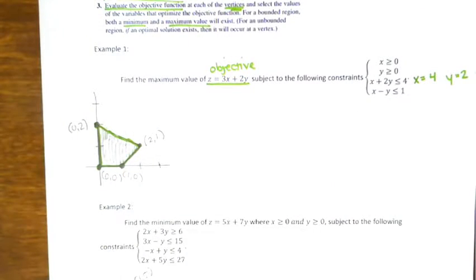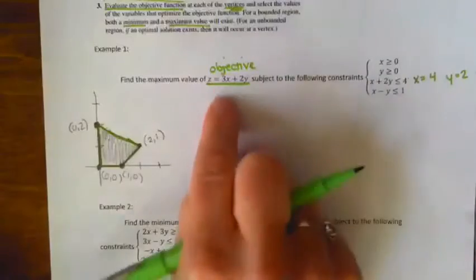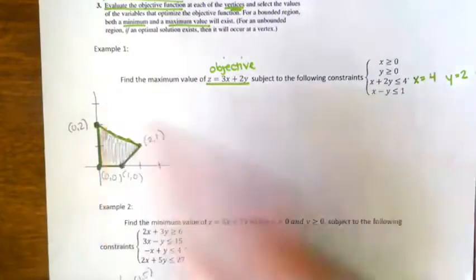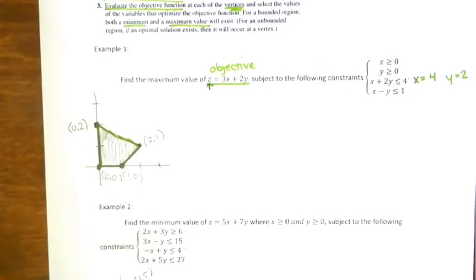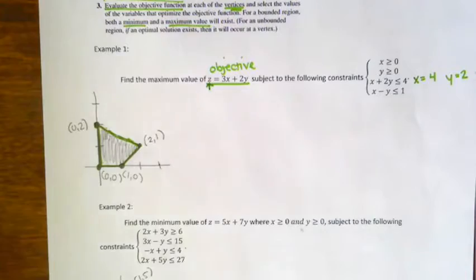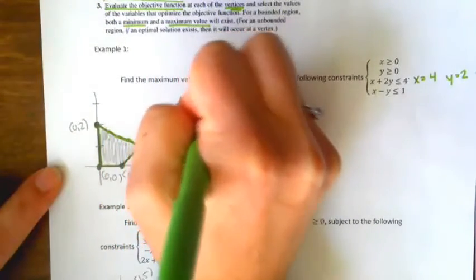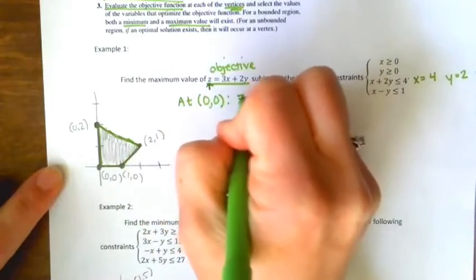Once you have those points of intersection, we evaluate this objective function at each one of these values. We want to find what our z is, and our z is going to give us our maximum or our minimum value. So let's start at point (0, 0) first. What is my z at the point (0, 0)?